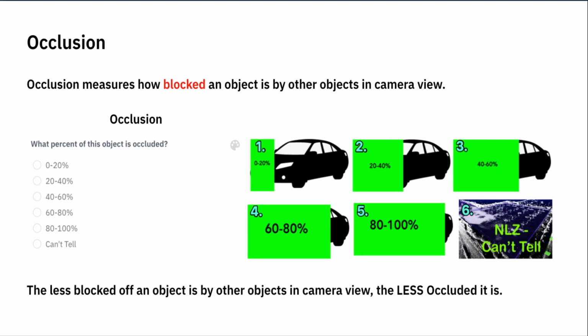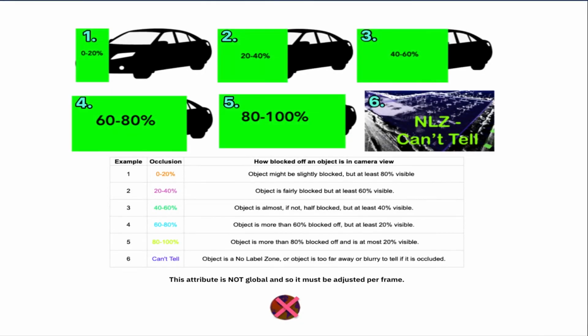The less blocked off an object is by other objects in camera view, the less occluded it is. So the smaller choice is the less occluded choice, and the higher value choice is the higher occlusion choice. Occlusion is an attribute that is not global, and it has to be adjusted per frame.